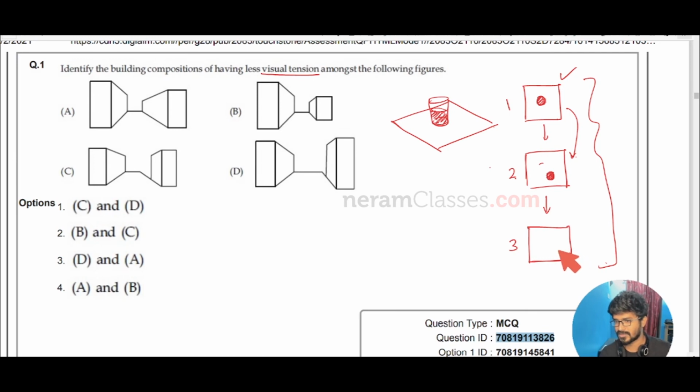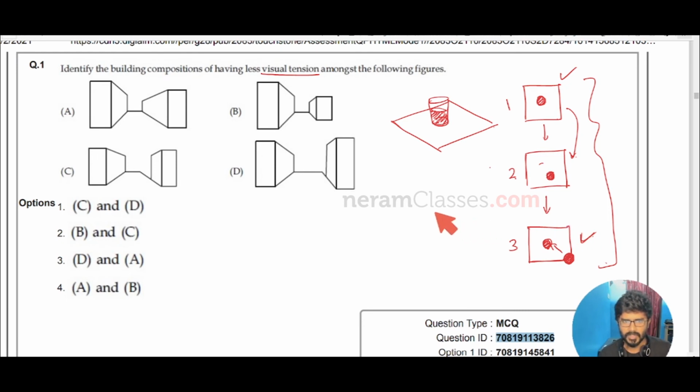We don't want this disaster to happen. So our brain automatically will be trying to place this at the center of the table. So this has higher tension. Okay, so this is visual tension. I have explained it in a very simple manner.